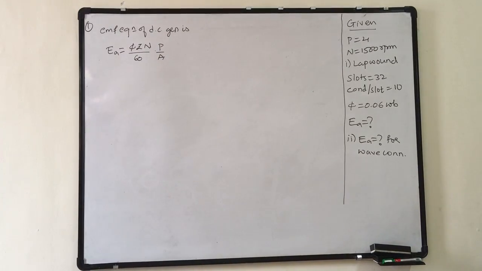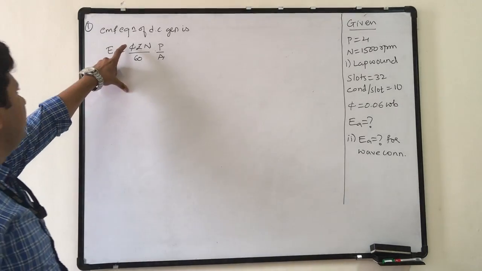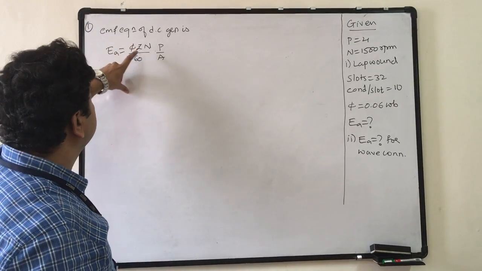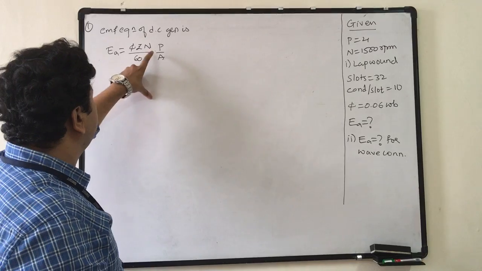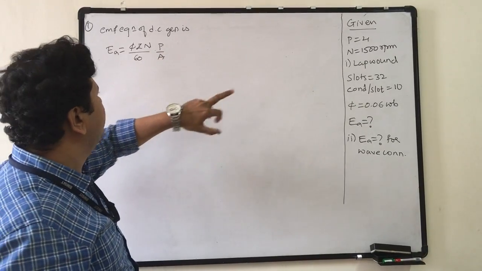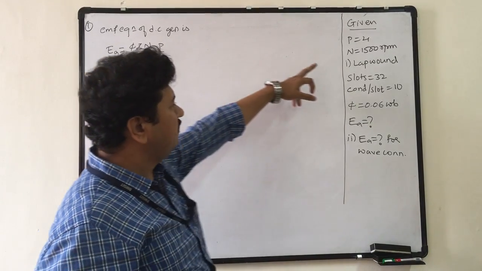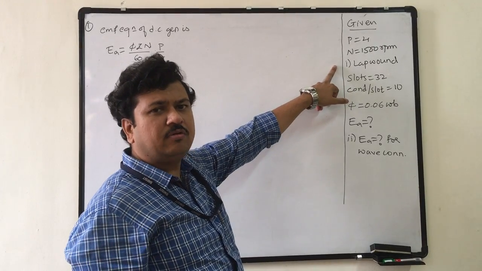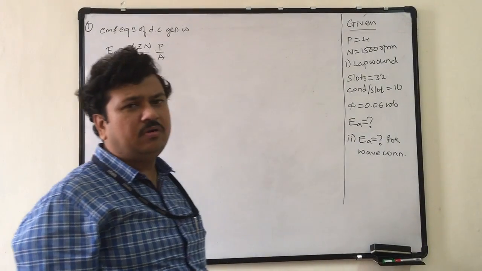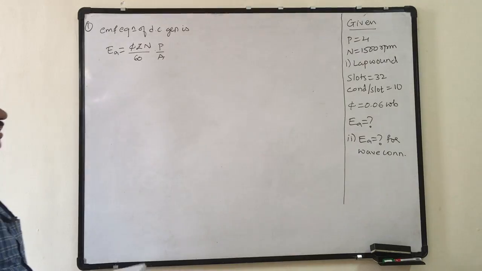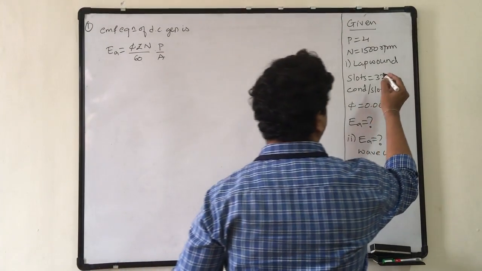In this expression, phi is known, 0.06 Webers, N is known, 1500 RPM, and P, number of poles, is equal to 4. A, once it is lap wound, will be equal to P, and once it is wave wound it will be equal to 2.